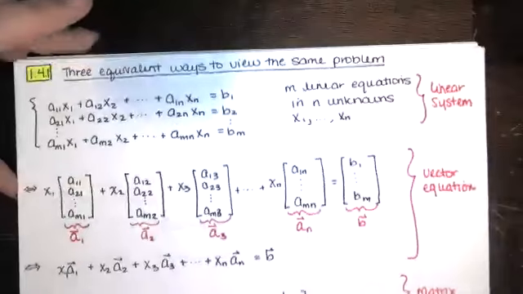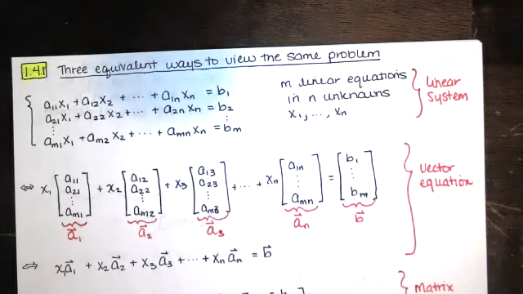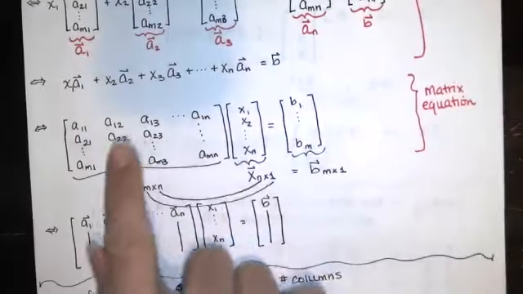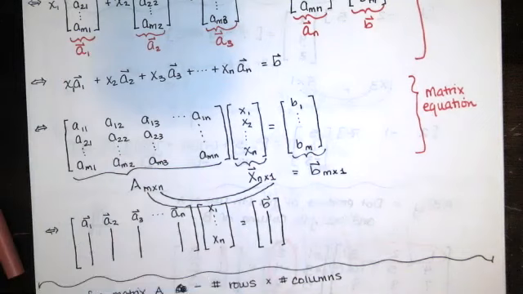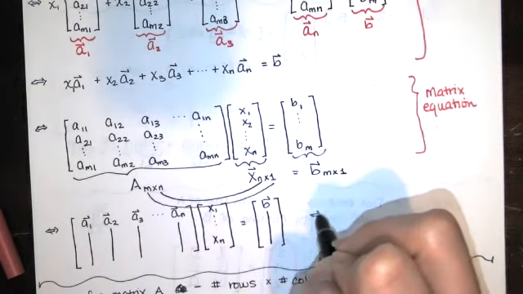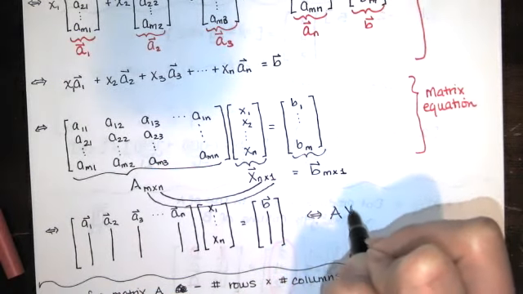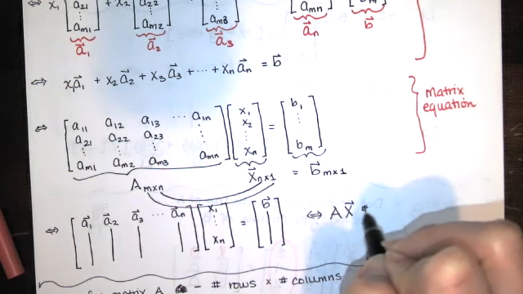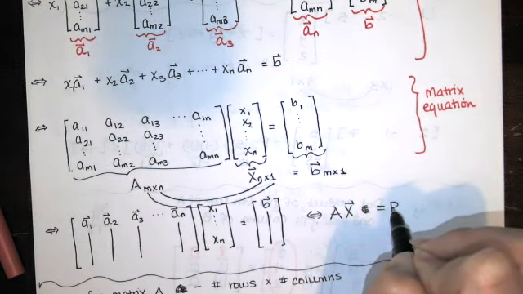In the next video, we're going to discuss the existence of solutions to the matrix equation, which is written in this form, or alternatively in this very short form, A times the vector x equals b.